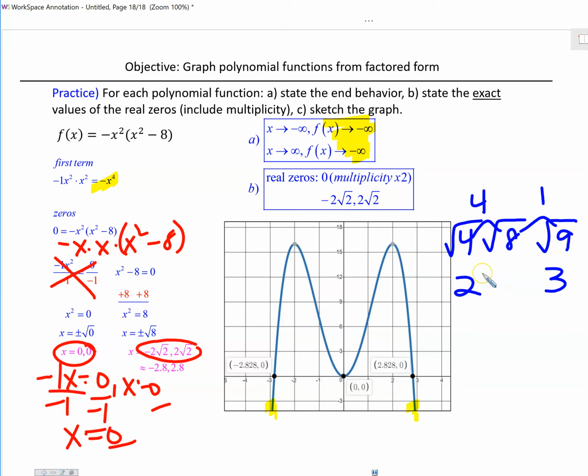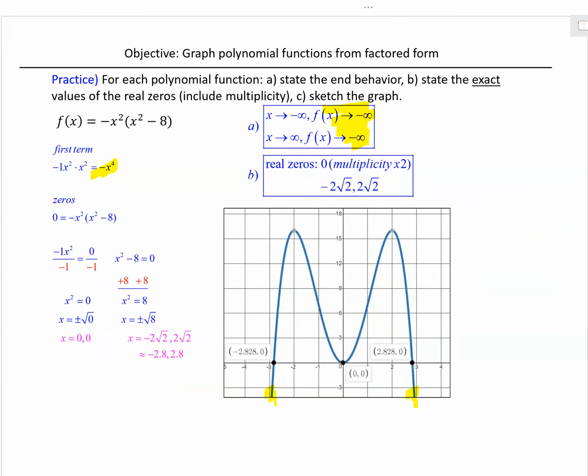So if you said about 2.9, that's fine too. So 2.8 is actually what our calculator would give us, but 2.9, I can understand why you might say that too. All right, so that then gives us 0 has our multiplicity. So notice here we have a relative minimum, and the other two have been approximated.